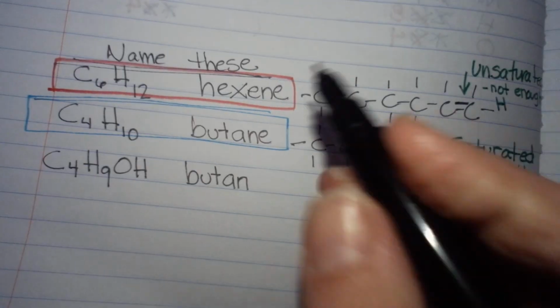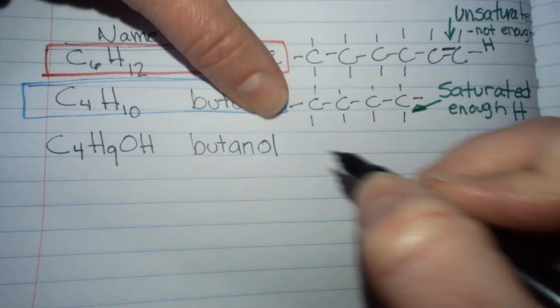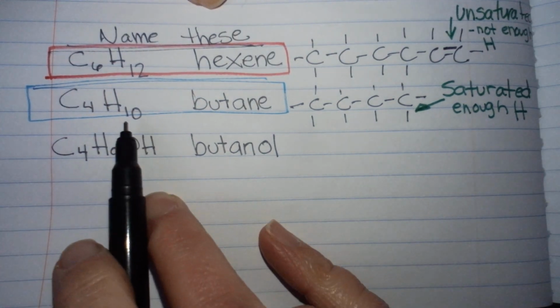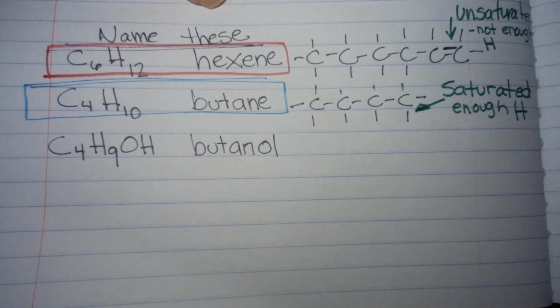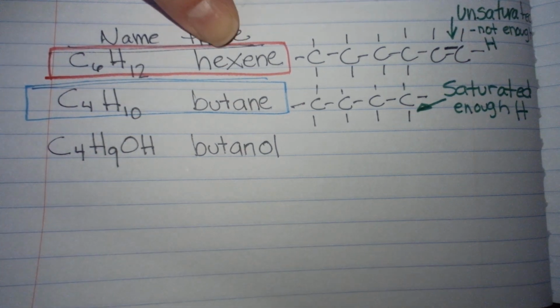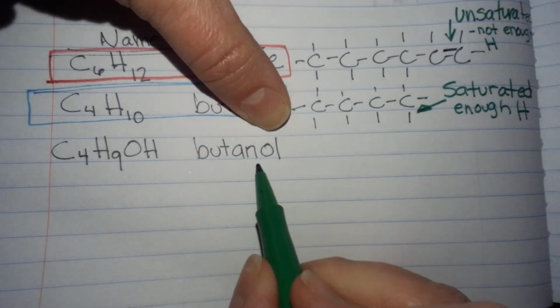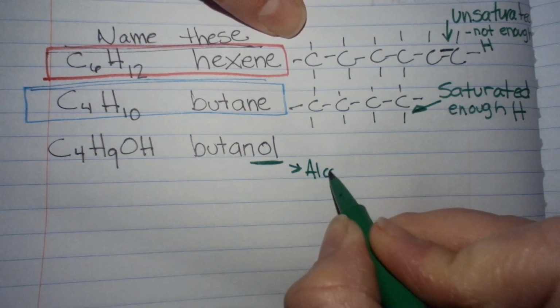So our name is actually going to end in OL because we have an OH group replacing one of the hydrogens there. Okay, butanol. So just being mindful of that OL is an alcohol.